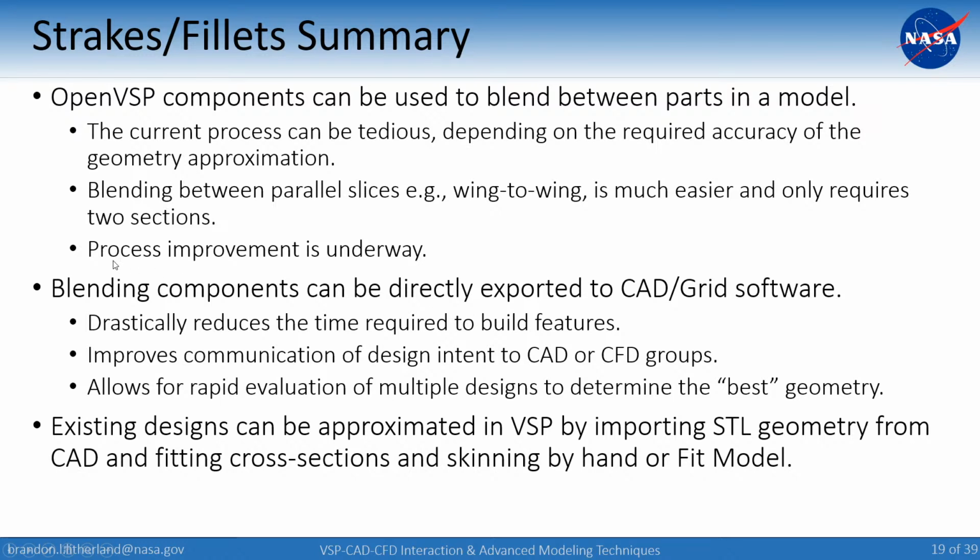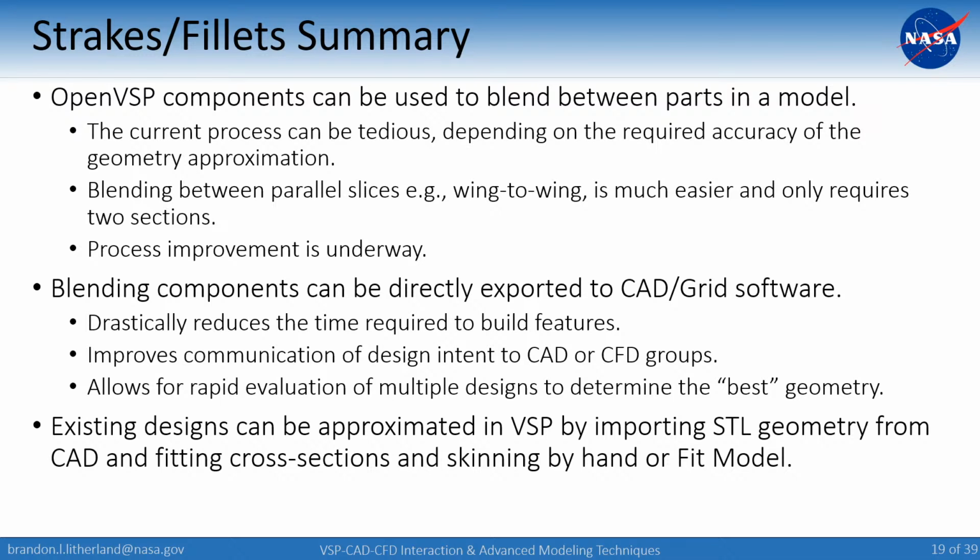So a bit of a summary on this is that the VSP components can absolutely be used to blend between parts in a model. Just use them intelligently and understand that there are going to be some inherent limitations to what you're trying to do. So it's not going to necessarily do a full curve-to-curve mapped constant radius transition between two bodies unless you put in a lot of work.